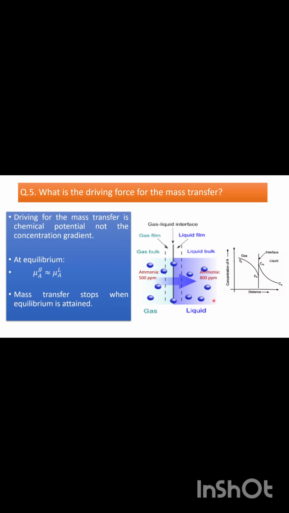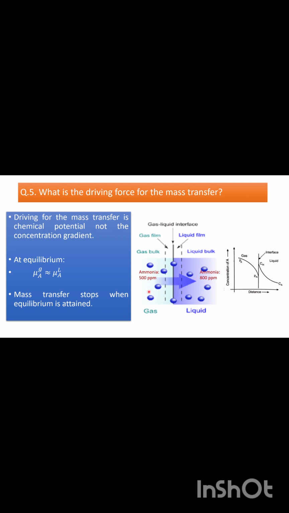Consider an example here: a gas mixture containing ammonia at a concentration of 500 ppm is in contact with water, which has a concentration of ammonia equal to 800 ppm. So here the concentration of ammonia in the gas mixture is less than that in water.